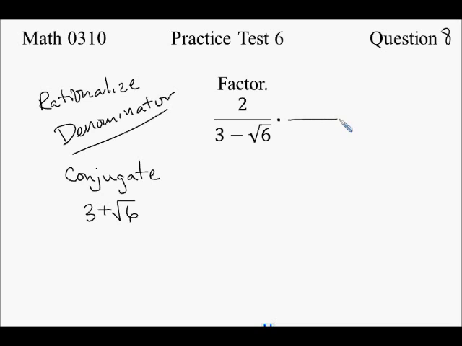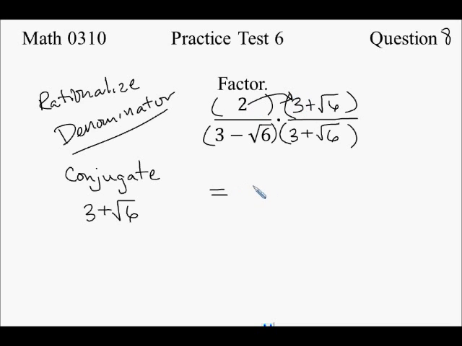And that will help us rationalize our denominator. So we're going to multiply by 3 plus square root 6. That'll help us clear the radical here. Whatever we do to the bottom of the fraction, we need to do to the top. Notice our fractions here have more than one term in some places, so we want to make sure we think of distributing whenever distributing is necessary. If we look at the numerator, let's distribute our 2. 2 times 3 gives us 6, and 2 times square root 6 would just give us 2 square root 6.